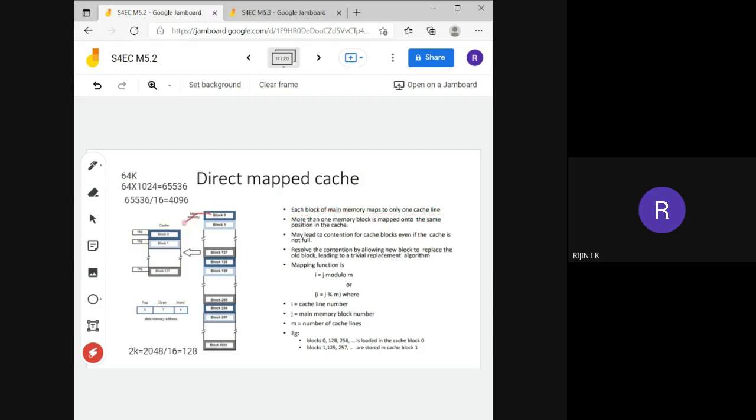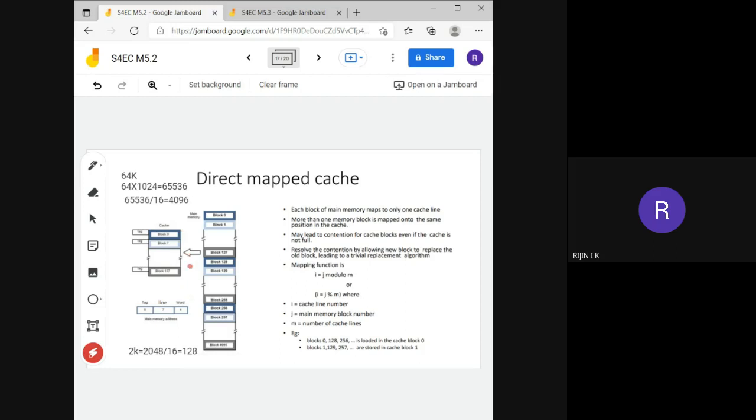Block 0 will map to block 0 in the cache. Block 1 will map here. Likewise, block 127 maps to block 127. Then the next block, 128, will be mapped to block 0, block 129 will be mapped to block 1, and block 256 will be mapped to block 0.